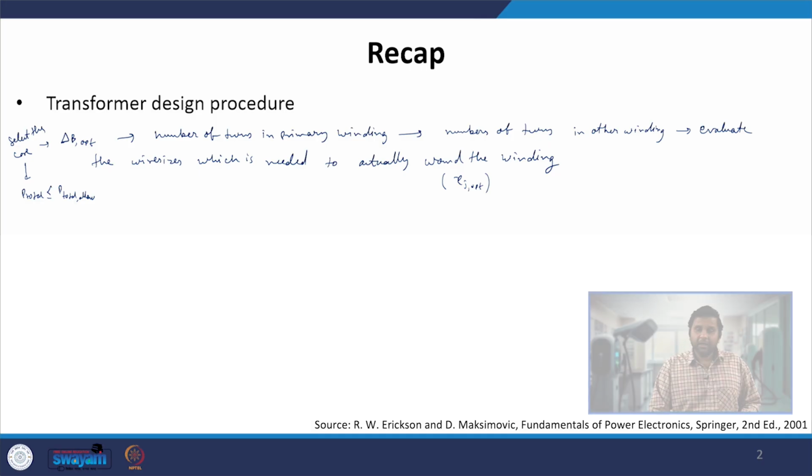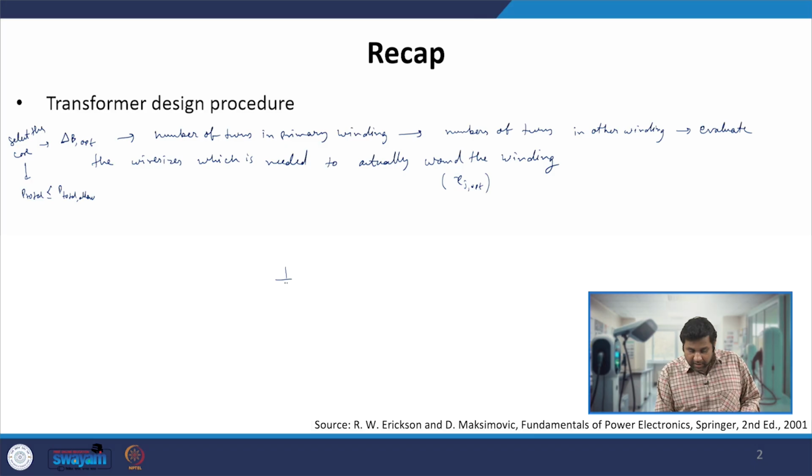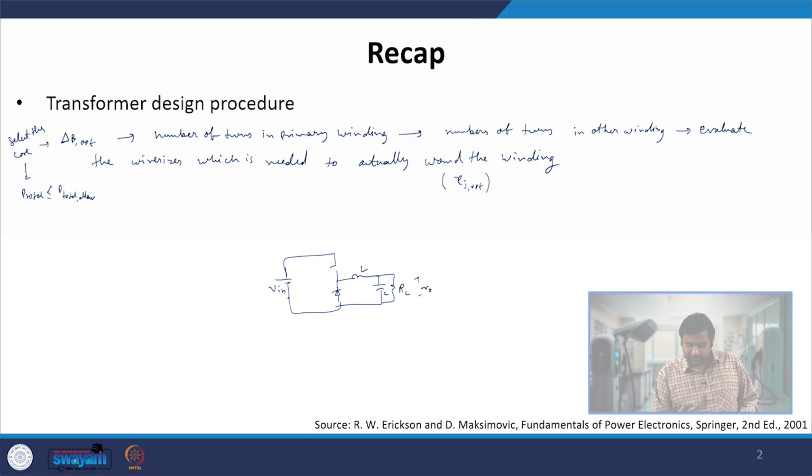This is one of the magnetic devices which we use in an isolated DC converter. There is another magnetic device. If we recall a simple buck converter, it comprises the switch and the diode, and then we have the inductor, capacitor and resistance R L, C, L and V in, and the output was V naught.